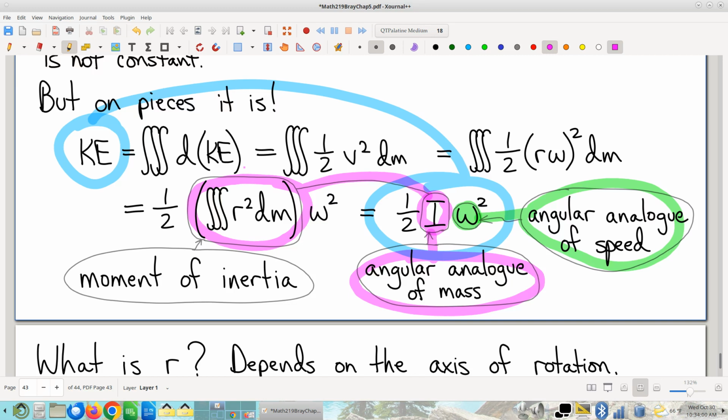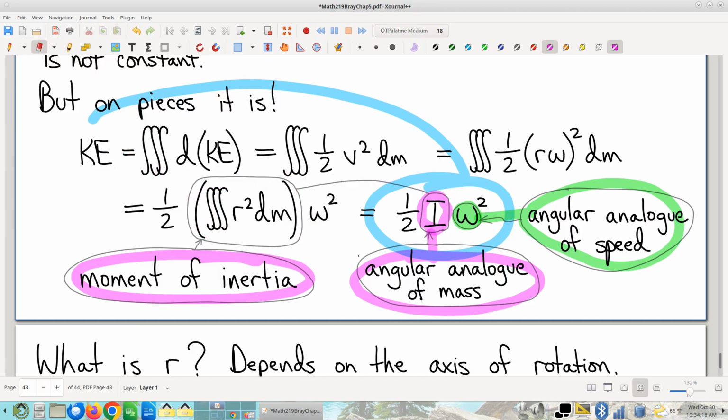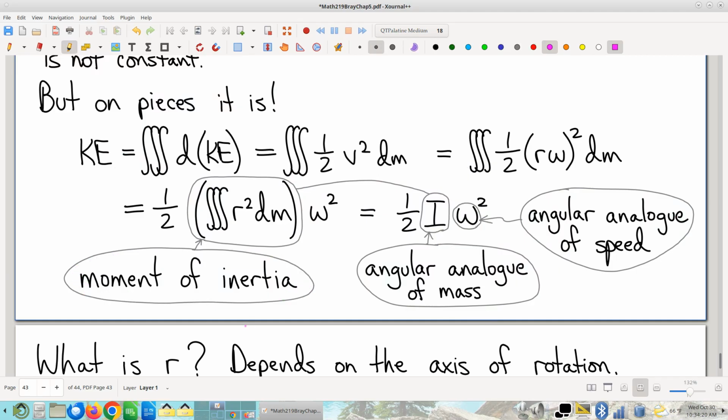So this formula, integral of r squared dm, is an important object of interest, and the common word for this is moment of inertia. Is that cool? Okay. All right, so it got a little physicsy there for a second, but as far as we're concerned in this class, what you need to know is that there's this thing called moment of inertia.